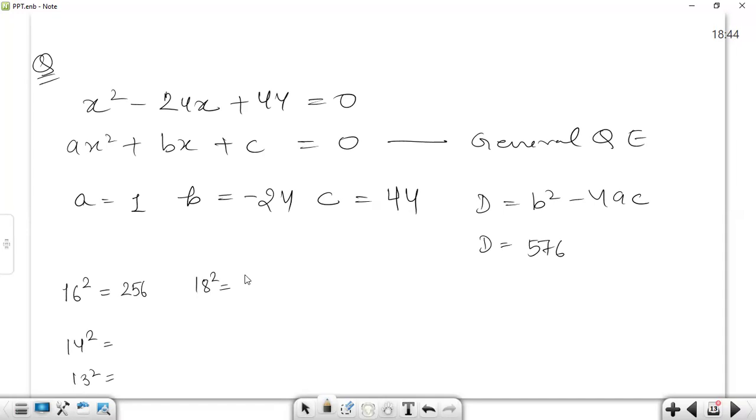So you calculated so fast. Now tell me 18 into 18. 324. Okay, let's see who can calculate fast, Tanish or Yasini. 16 into 12.